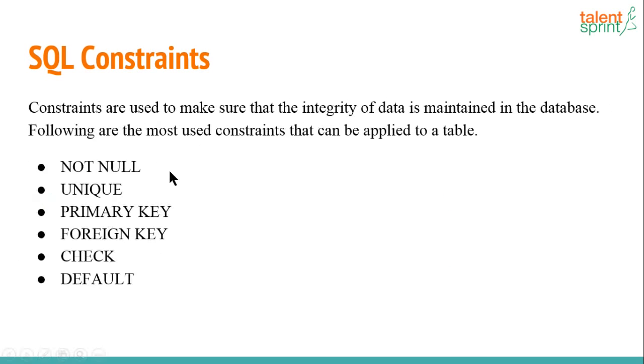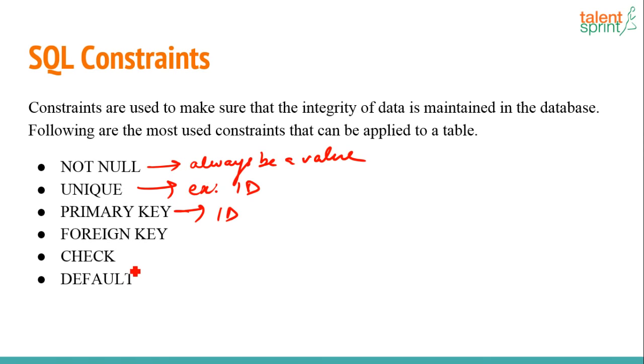Okay, so some examples, say not null. If any column cannot be left null, there should always be a value, right? Unique. All the data entered in this column should be unique, for example, an ID column. Primary key. Now, most of the time ID becomes the primary key as it uniquely identifies each row.